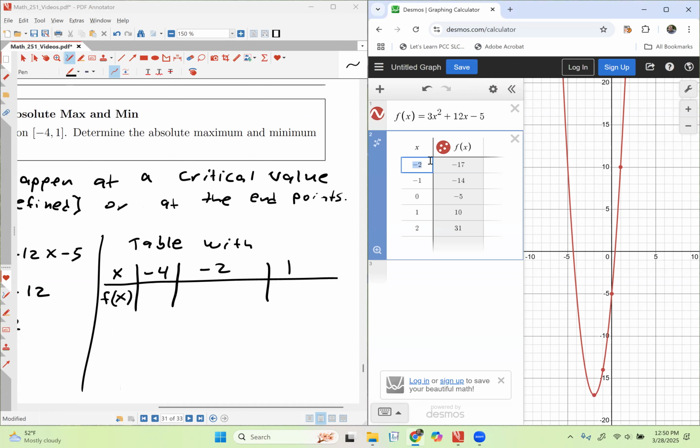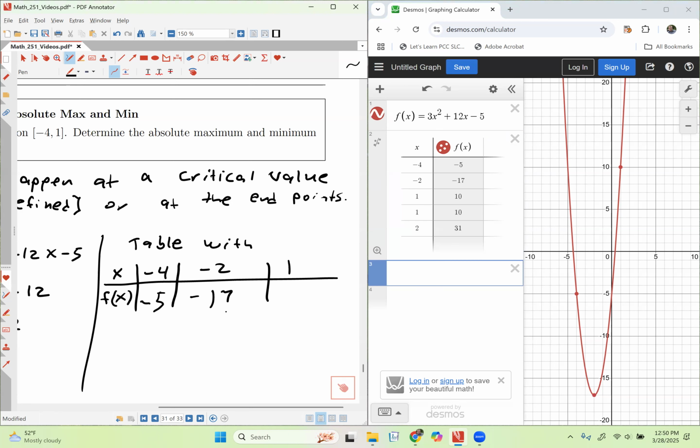So I'm going to type in those numbers into my function, negative 4, negative 2, and 1. And it looks like they spit out corresponding y values of negative 5, negative 17, and at 1, it's 10.